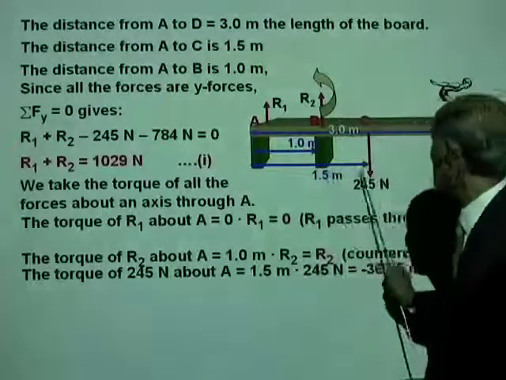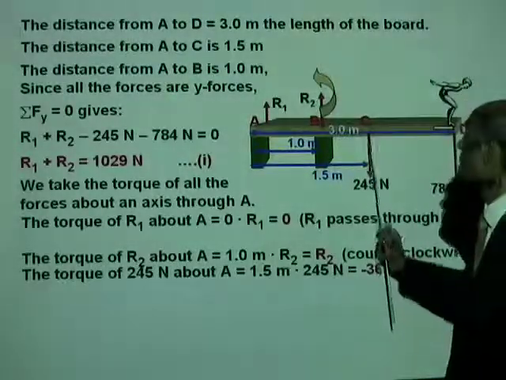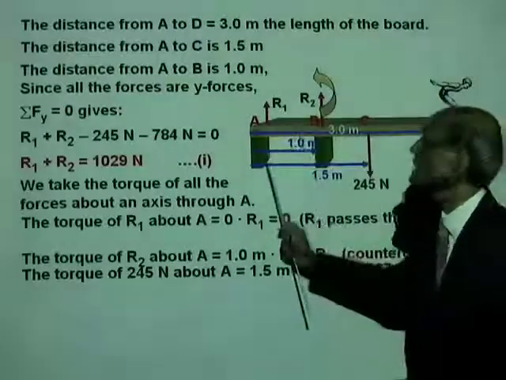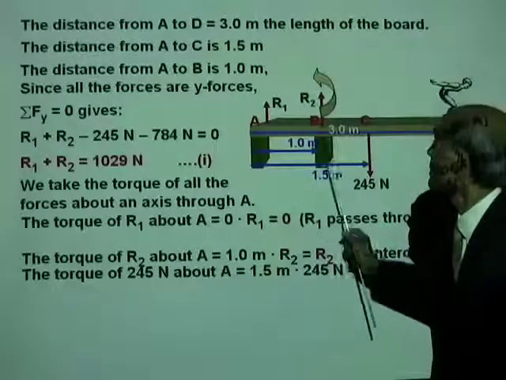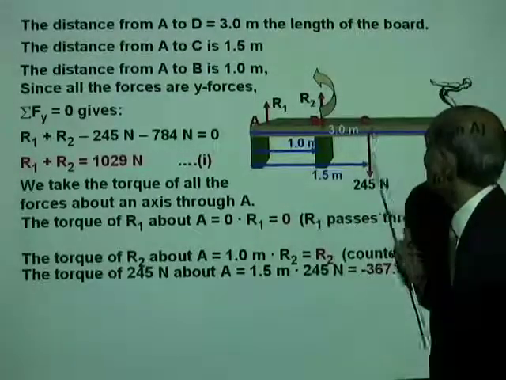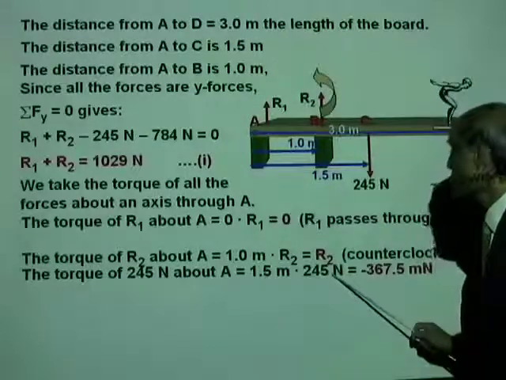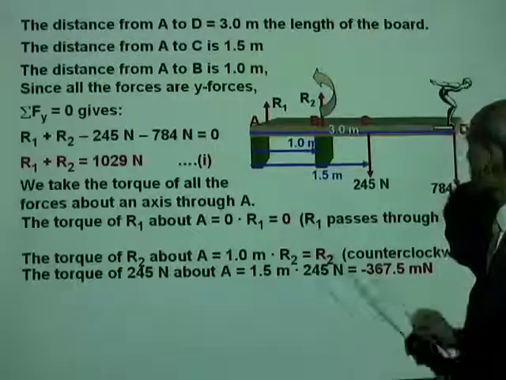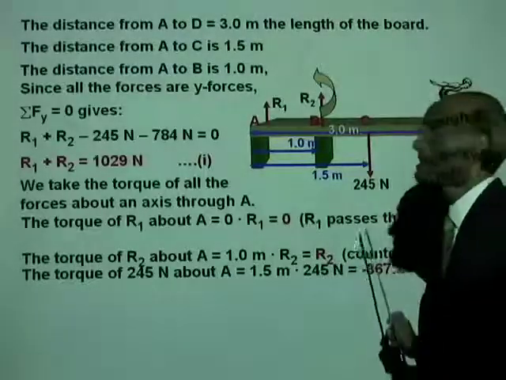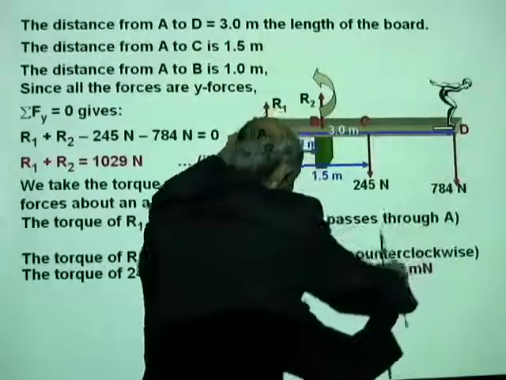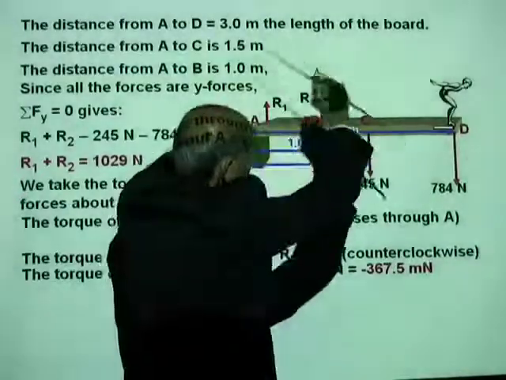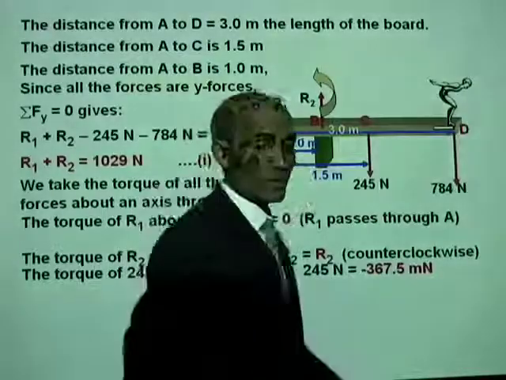The torque of 245 Newton. Tell me, what is the torque of this 245 Newton about A? The torque arm is 1.5 meter multiplied by 245, and that is 367.5. It is negative because that torque is a clockwise torque. Watch me trace out. It is a clockwise torque.